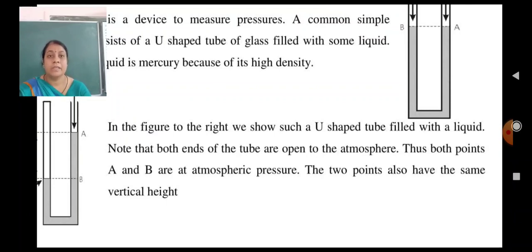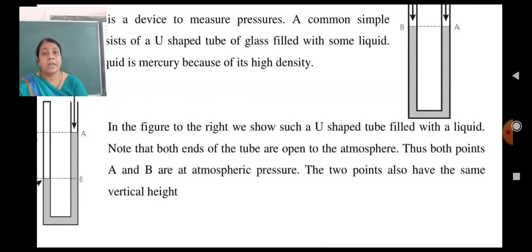A common simple manometer consists of a U-shaped tube of glass filled with some liquid. The liquid is mercury because of its high density.